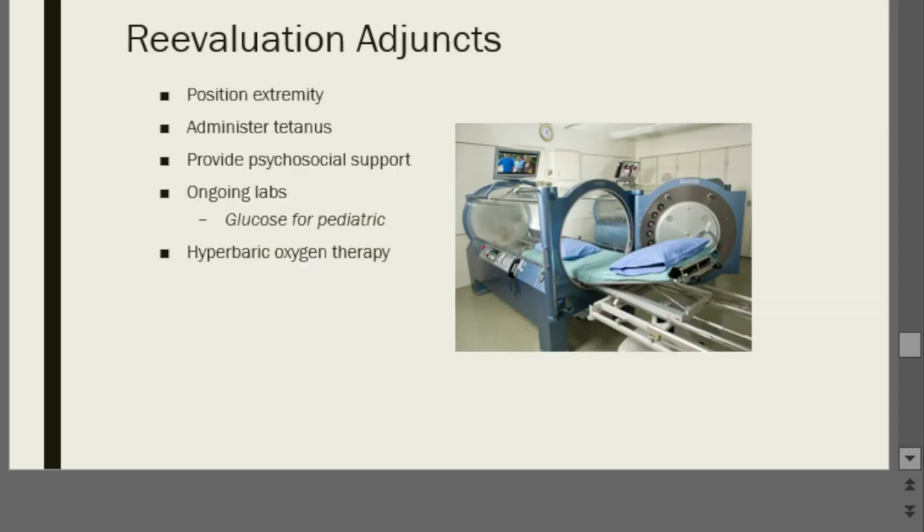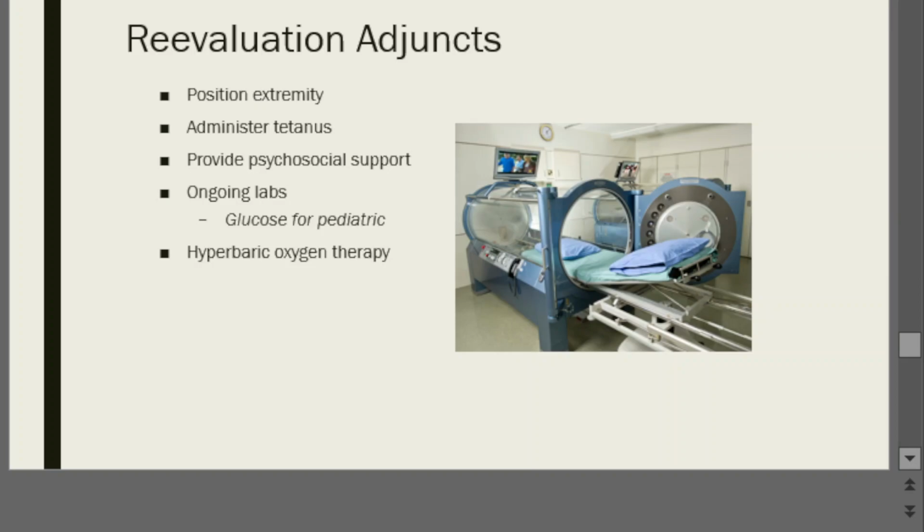As far as our reevaluation adjuncts, just like in the case of our compartment syndrome, we want to position the extremity at the level of the heart, not above the level of the heart. And this promotes that circulation to assist in reduction of edema there. We're going to also administer a tetanus prophylaxis for this patient, and we're going to provide psychosocial support, consider referral for psychological counseling for both the patient and family.